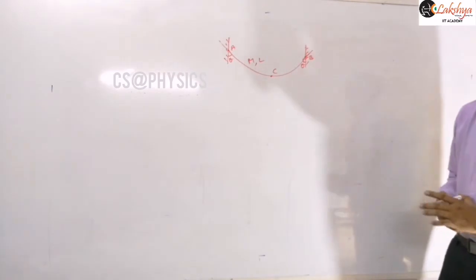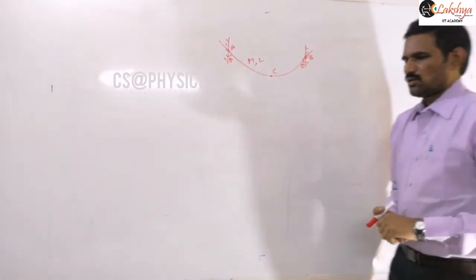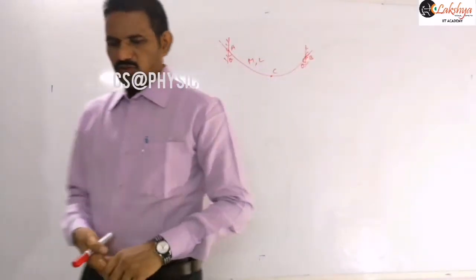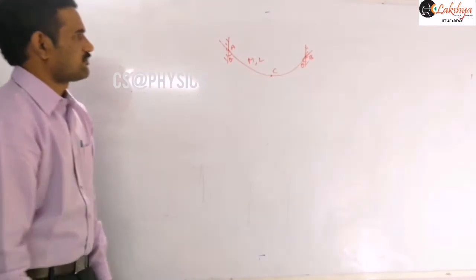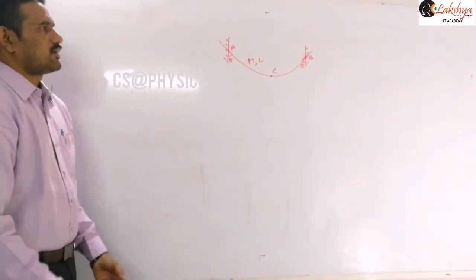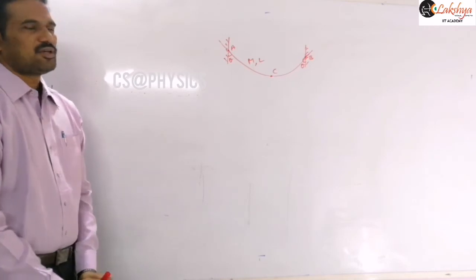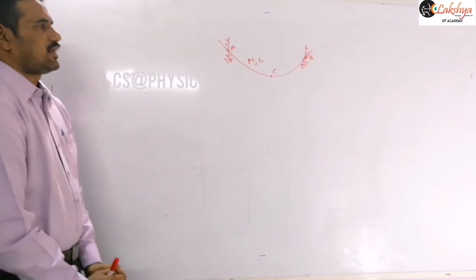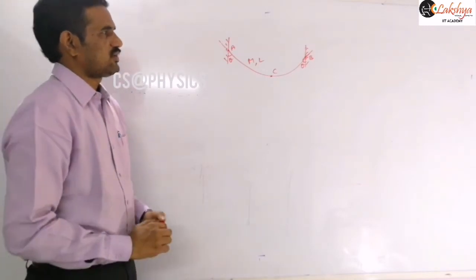So now write that problem. A uniform chain of mass m and length L is connected at two fixed points A and B as shown in figure.